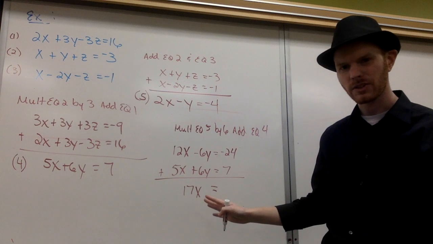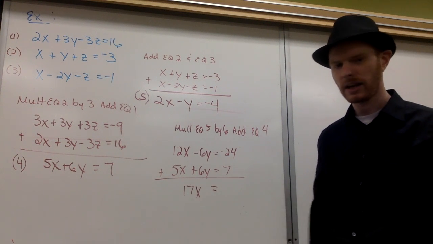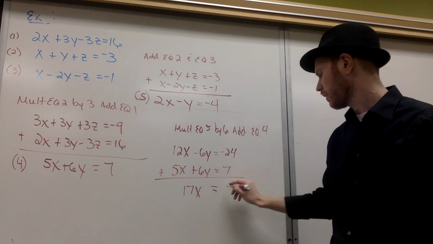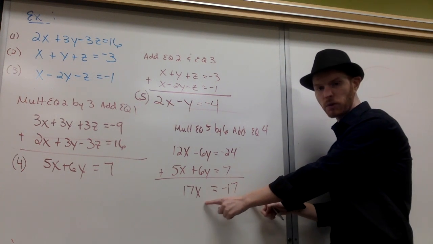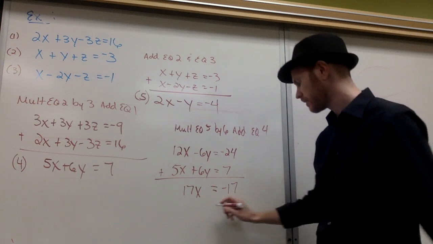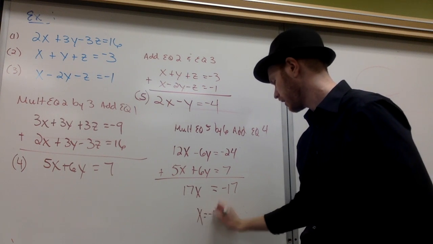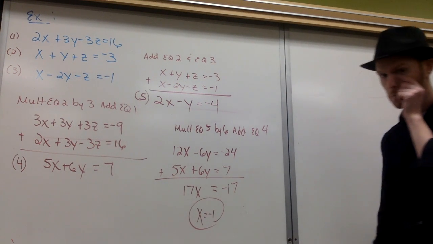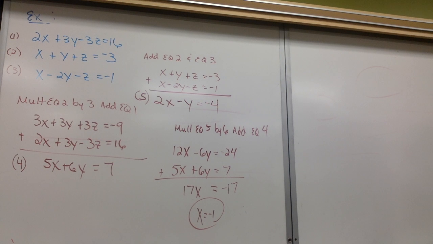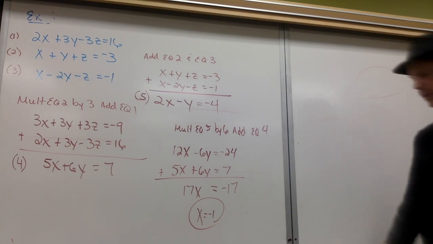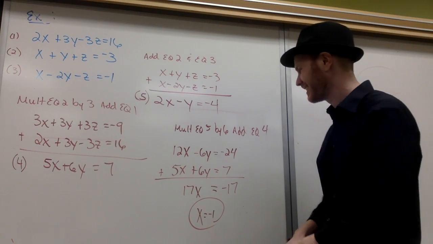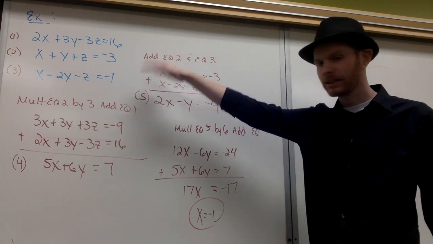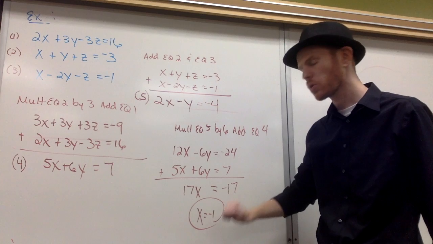And you don't have to write 0, you can leave it out. And then for this one, I get what, negative 17? So now I have an equation with one variable. To solve what's left, divide by 17, and I get negative 1 for that guy. Okay? Hooray, we got one variable. It's a lot of work for one variable. So these three planes intersect at the x-coordinate, negative 1.